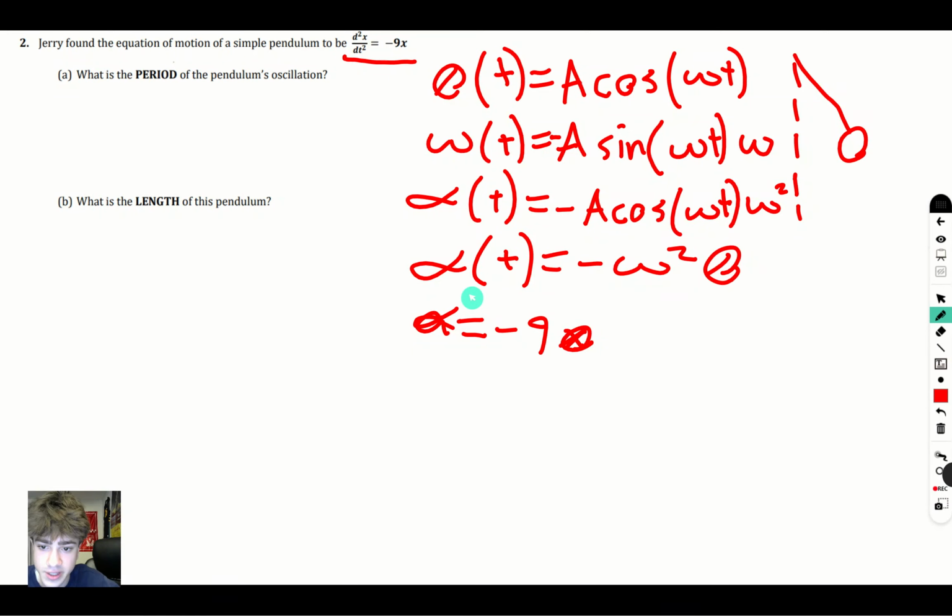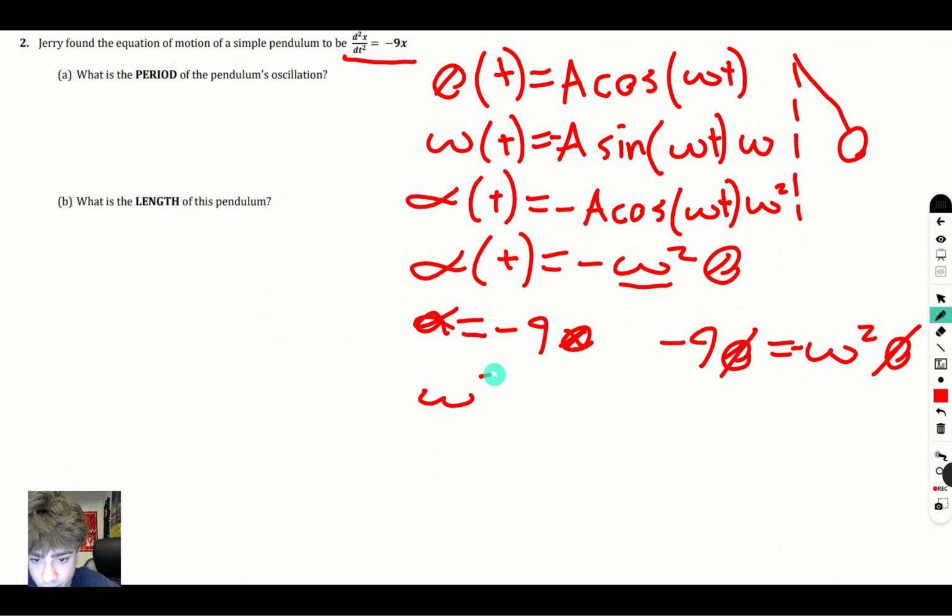And from here we can set these two equations equal to each other to find a value for our omega. So we have negative 9 theta is equal to negative omega squared theta. And from here it's pretty simple. Cancel out the thetas, make both sides positive, and our omega squared is equal to 9, meaning that omega is going to be plus or minus 3.